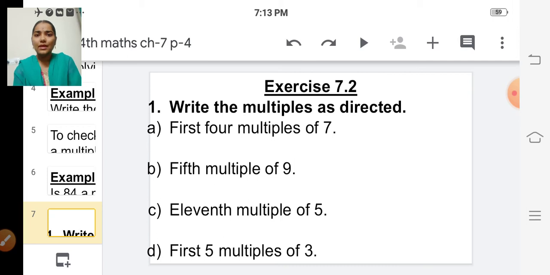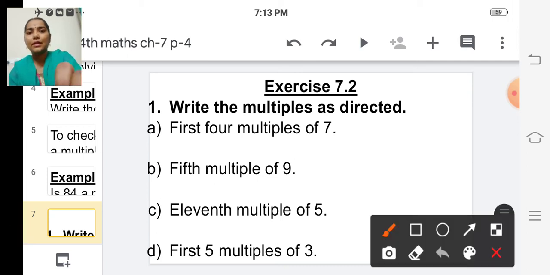So we can find out the multiples of 7 by 7 into 1, 7 into 2, 7 into 3 and 7 into 4. Or we can find out the multiples by skip counting. Okay. So they have asked only first 4 multiples, isn't it?